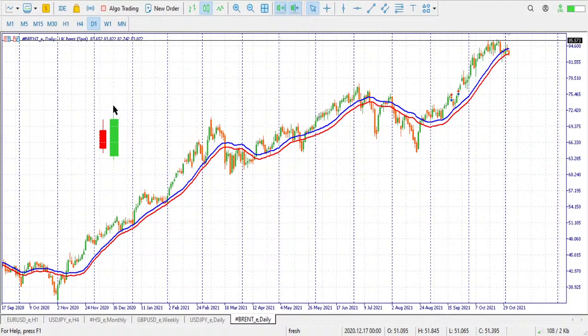This becomes a very, very good engulfing setup, and what it means is that the price may likely continue to the upper side. So anytime you find a setup like this, just know that this is a very good sign that the next few candles will likely continue in that direction.